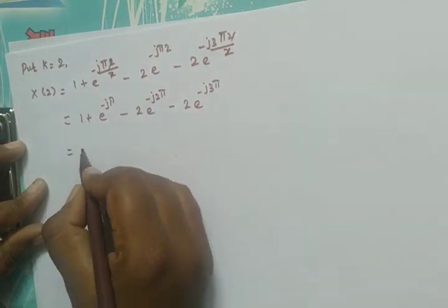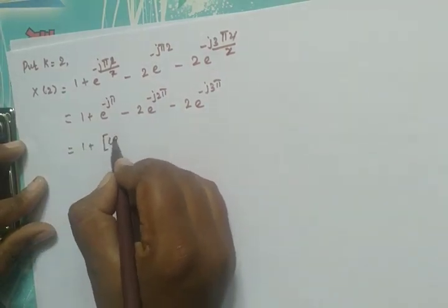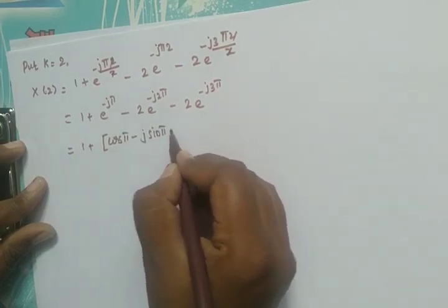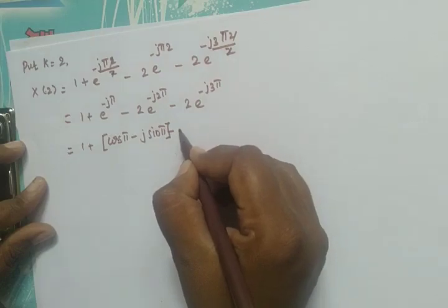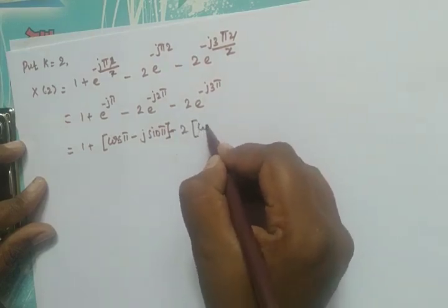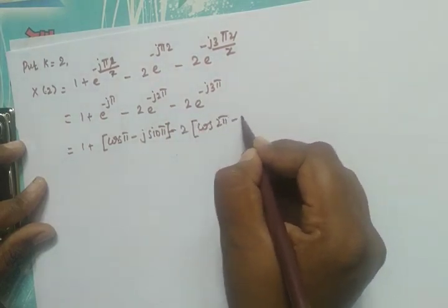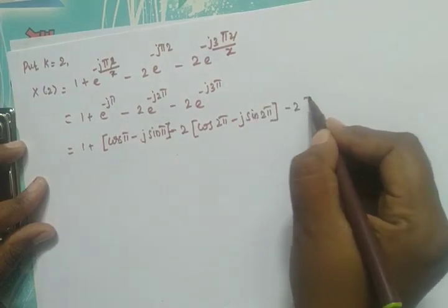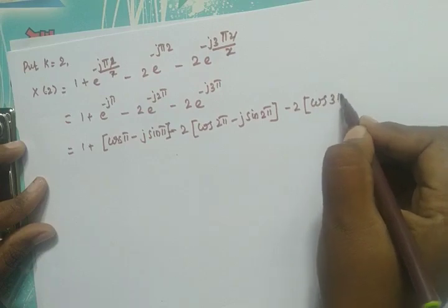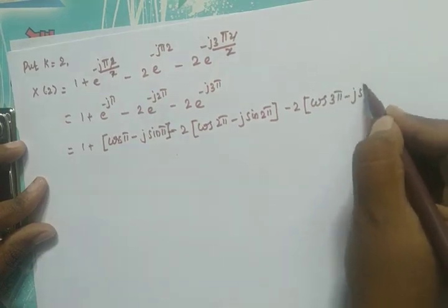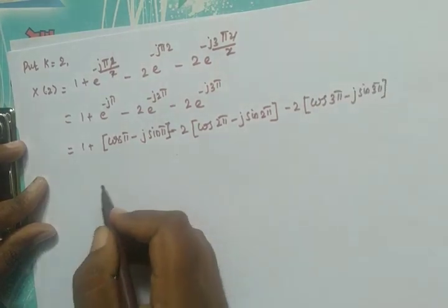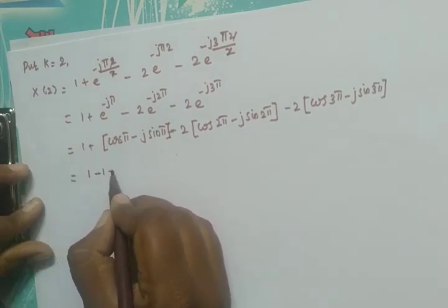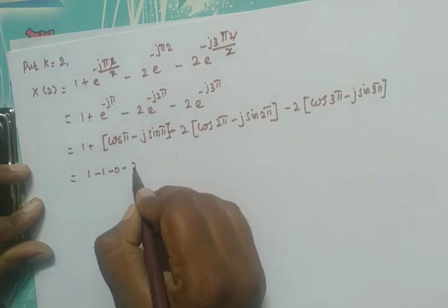Therefore, which is equal to 1 plus cos pi minus j sin pi minus 2 into cos 2 pi minus j sin 2 pi minus 2 into cos 3 pi minus j sin 3 pi.